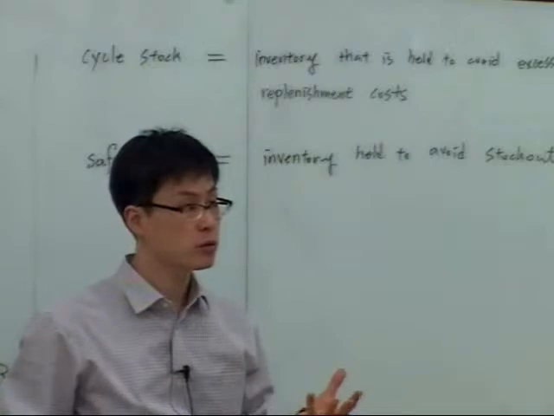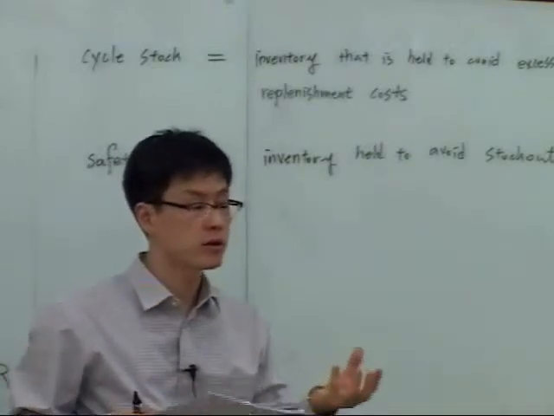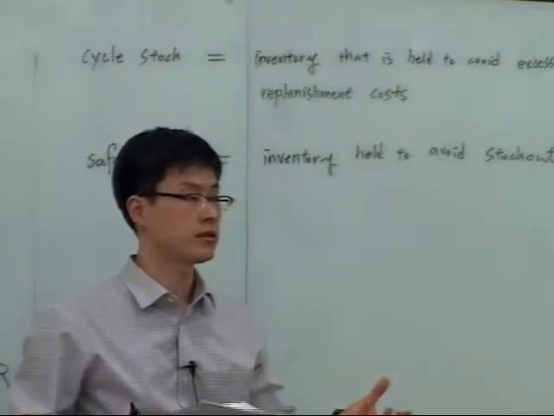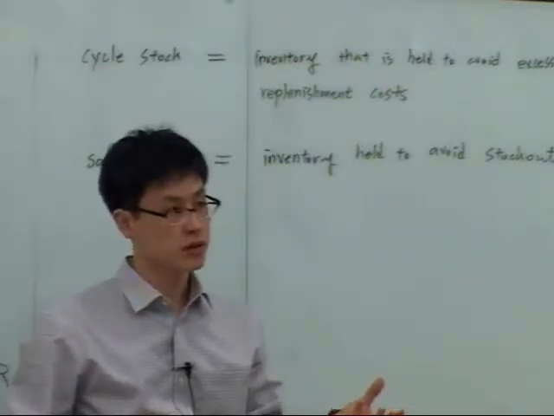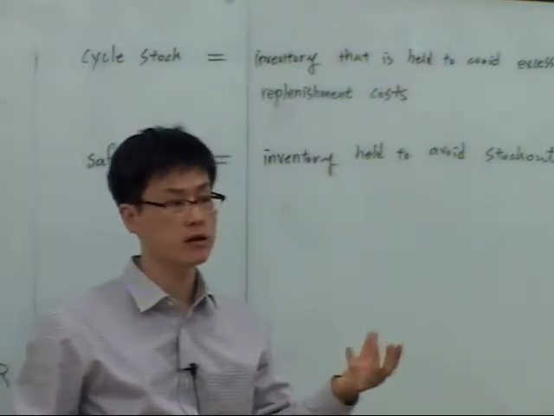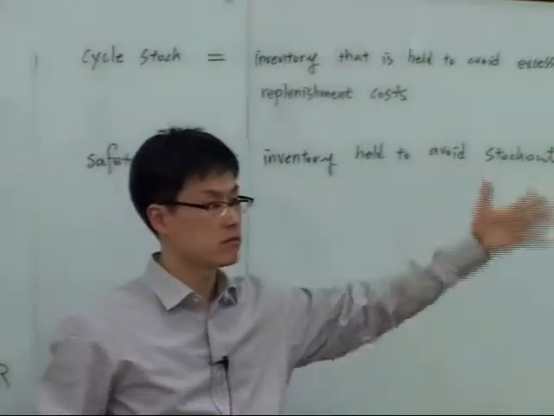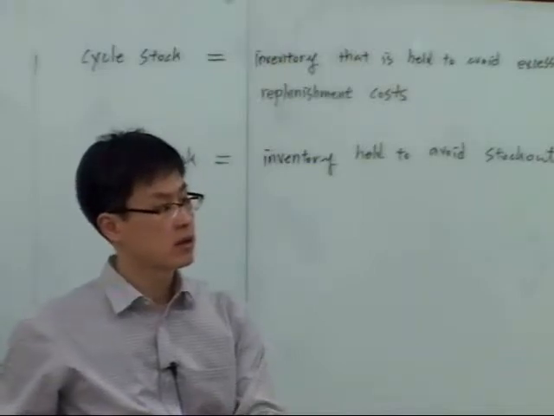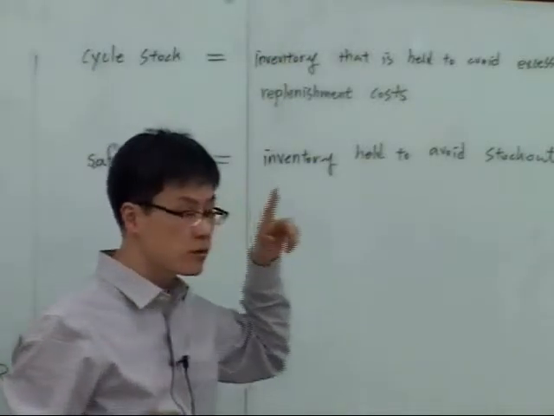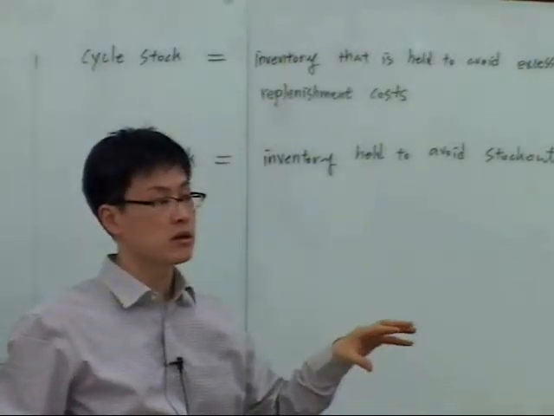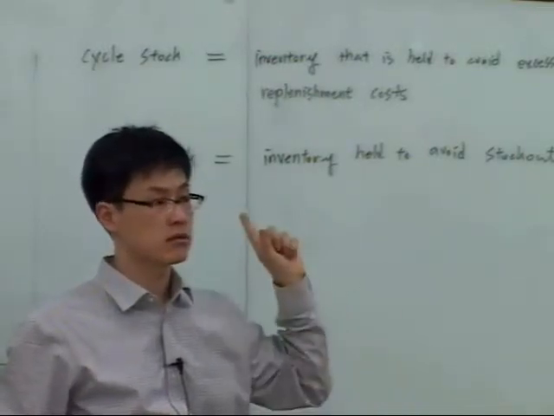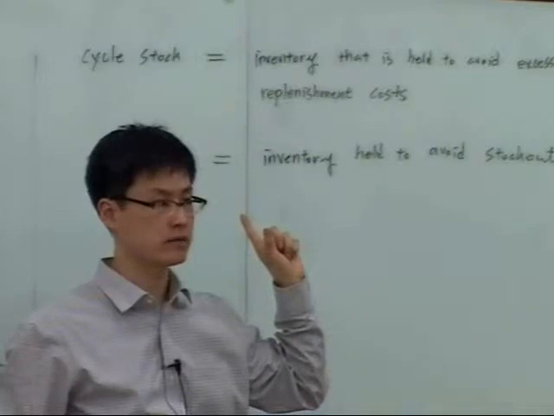In the EOQ model, we are trading off the reorder cost versus the holding cost. If the holding cost is cheap and the reorder cost is high, then we can order a large amount to stock. So basically, the inventory dealt with in the EOQ model is all cycle stock.